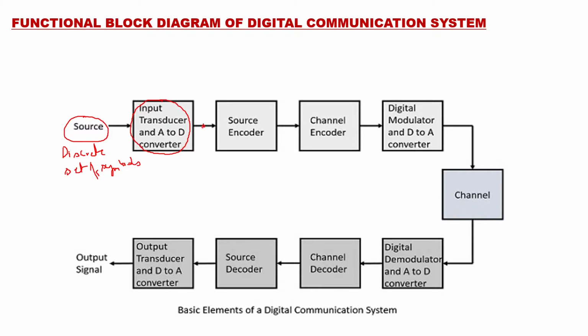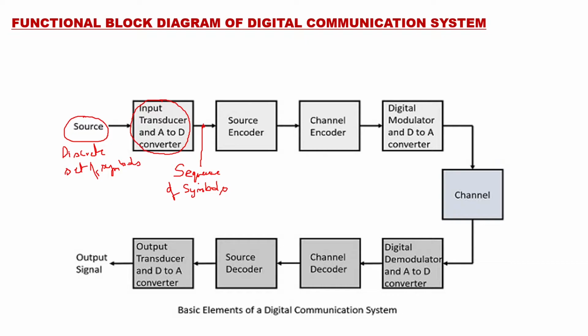So at this point, you will have a sequence of symbols. Symbols can be alphabets like A, B, C, D, or anything like that. That will be your information source in terms of digital.